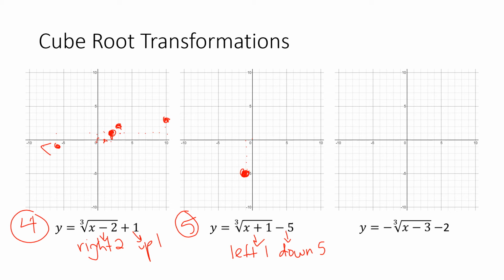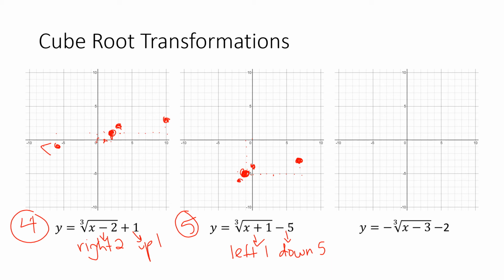So cube root, I'm going to go over 1, up 1, because the cube root of 1 is 1. And then I'm going to go over 1, 2, 3, 4, 5, 6, 7, 8, up 2, because the cube root of 8 is 2. And then same thing on the left. From that midpoint, I'm going to go left 1, down 1, because the cube root of -1 is -1.